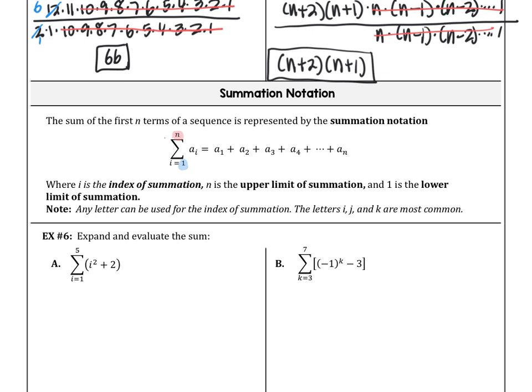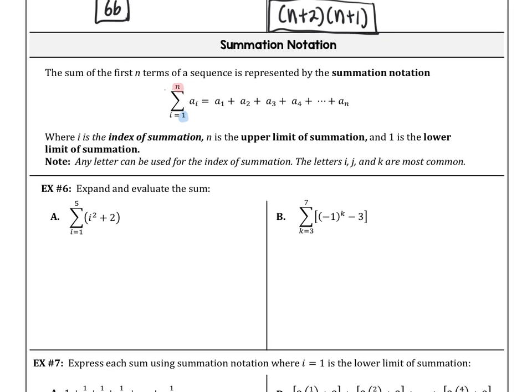So we're going to work these out here, like on example 6, and let you see what I mean. So notice here I'm starting with 1, and I'm plugging it into this piece here. So they're saying i is going from 1 to 5, and I'm plugging it into that piece. So this would be 1 squared plus 2.